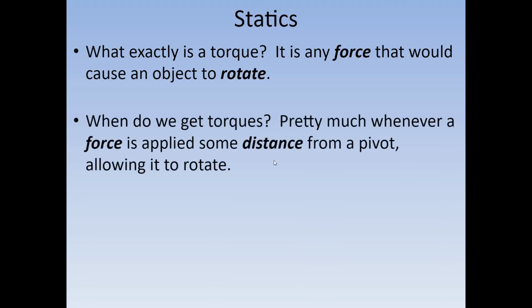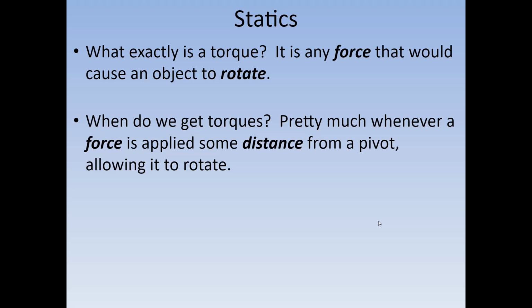Right? And how do we end up getting this torque effect? Well, in order for you to actually cause an object to rotate, you have to apply a force at some distance from wherever the object is going to pivot. So, for example, if you have a door and you try to apply a force onto the hinge, that object is not going to rotate around that pivot point.